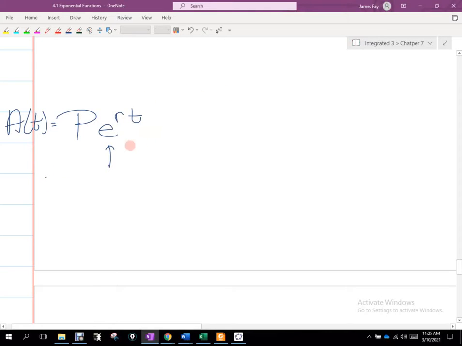But if they ever say we are compounding something continuously, what that means to us is that we're going to drag this formula into the problem. P is still the principal, R is still the interest rate, and T is still time in years.